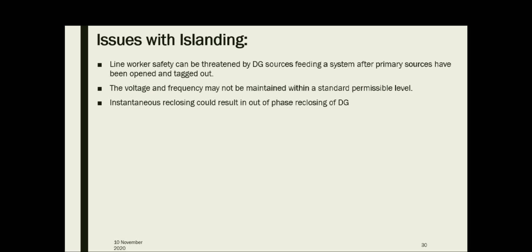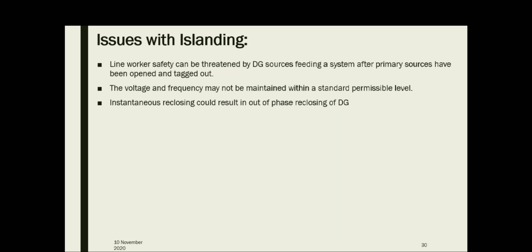There are possibilities like line worker safety being threatened by DG sources feeding a system after primary sources have been opened or tagged out. That means whenever a fault occurs in a grid, the distribution line is faulty, but still that line is energized because of the presence of distributed energy resources or a microgrid. So that will affect the safety of a line worker.